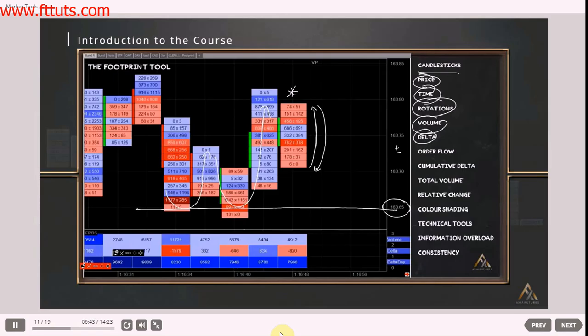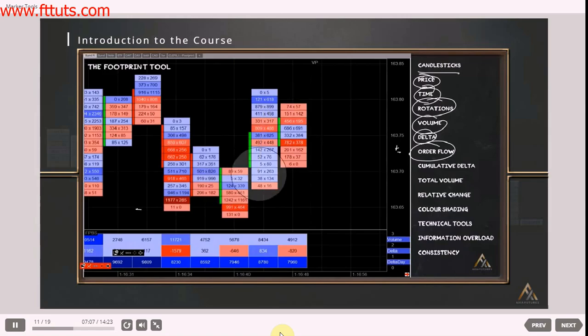So we can see the order flow is showing us that there's some buying occurring at price point 65. Now again, order flow we will spend a lot of time talking about as we begin to develop strategies in units 6 to 15.